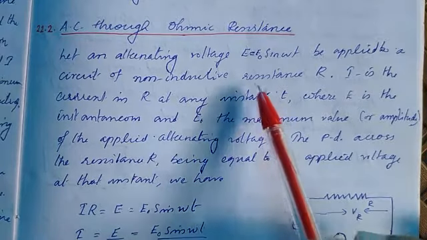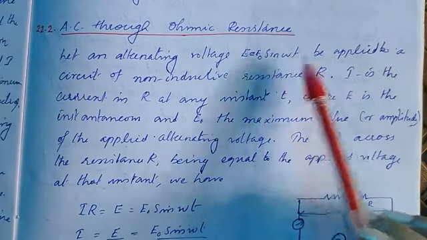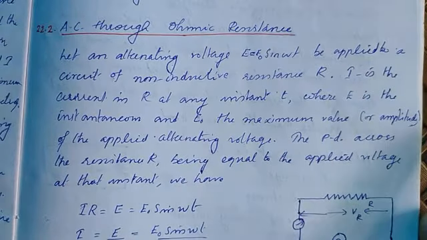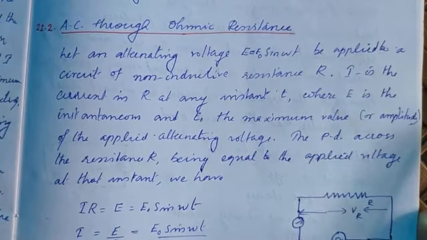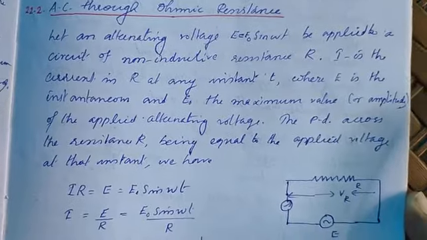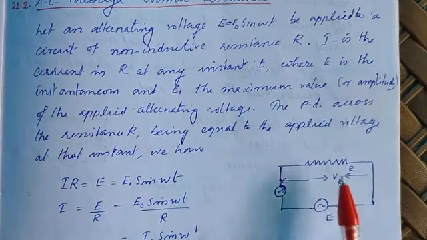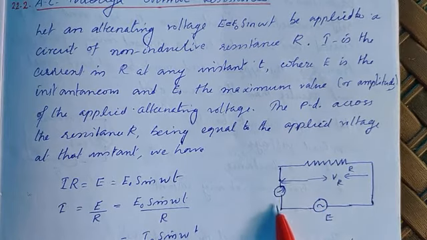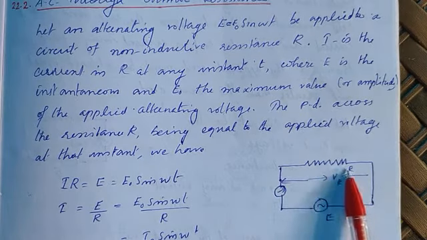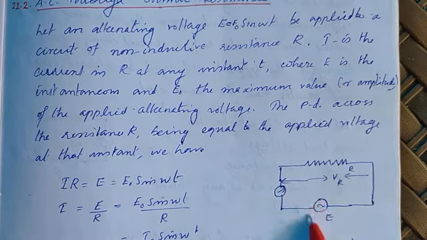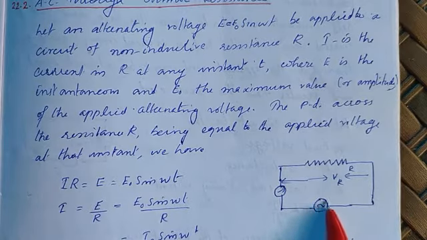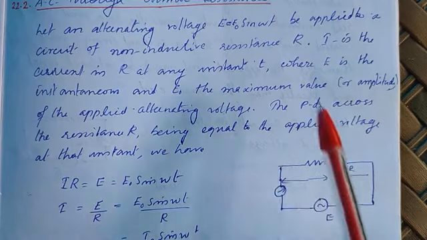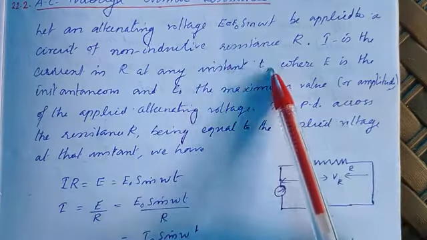Let an alternating voltage E equals E0 sin omega t be applied to a circuit of non-inductive resistance R. Non-inductive resistance means a purely ohmic resistance. So we have shown here a circuit with a resistance, and AC is applied to this circuit, with potential given by E equals E0 sin omega t.